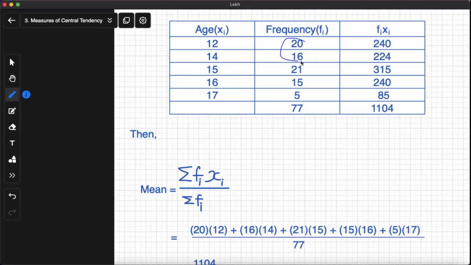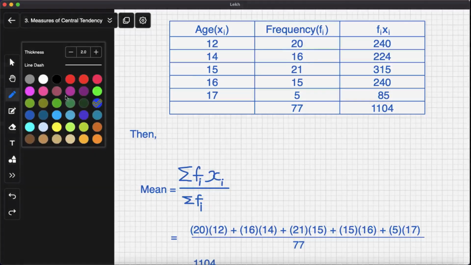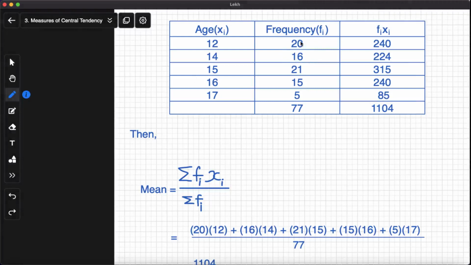Your 36th element is going to be this, so when you are writing your 14, dot, dot, dot, this will be the 36th element.